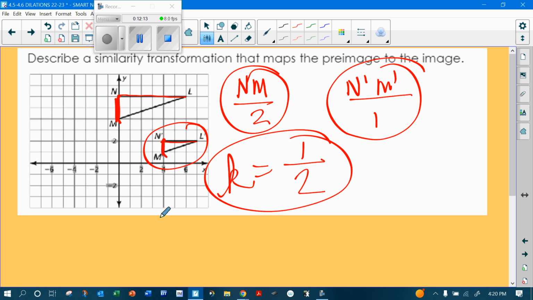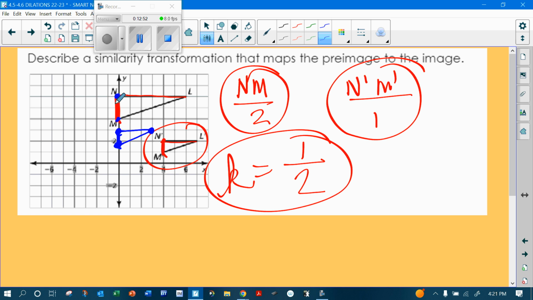So if we shrunk it, so if I took this point at 0, 6, half of that would be 0, 3. Half of 4 would be 2. Half of 6, 6 would be 3, 3. So then it would move here.